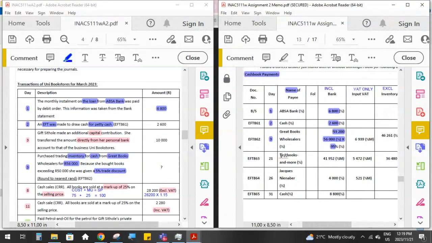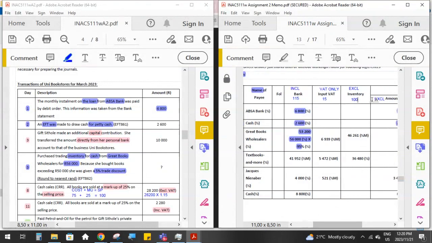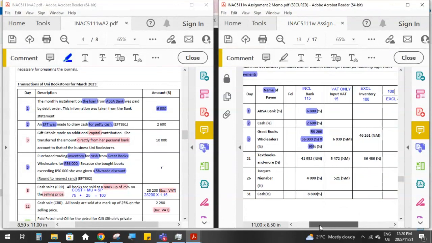So because this is a standard rated transaction, we purchase inventory, we then have to work out of that 53,200. Let me also put this at the top. Remember, because it's the including VAT amount, that will be the 115, that will be the 15, and that will be the 100%.